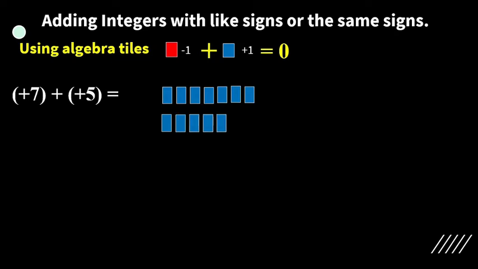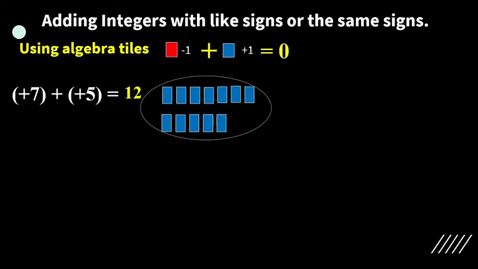Since they are the same color, or we are adding two positive numbers, all we have to do is count the total number of blue tiles we have. So, blue tiles in all is equal to 12. Therefore, positive 7 plus positive 5 is equal to 12 or positive 12.